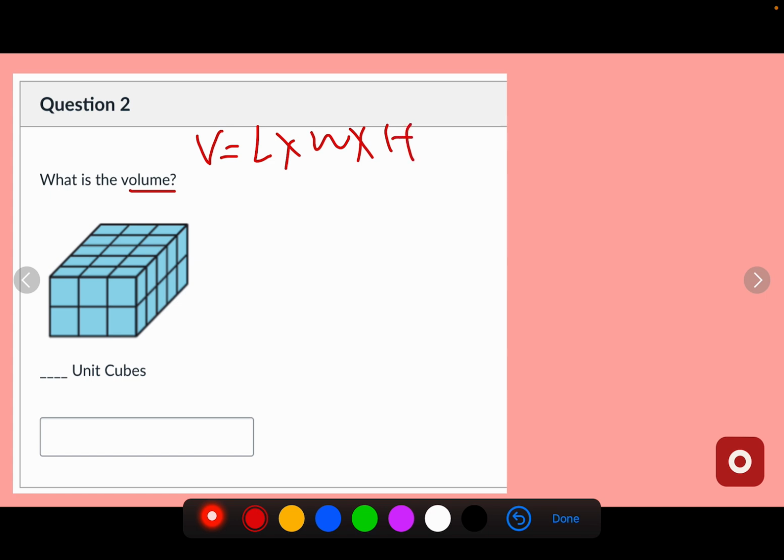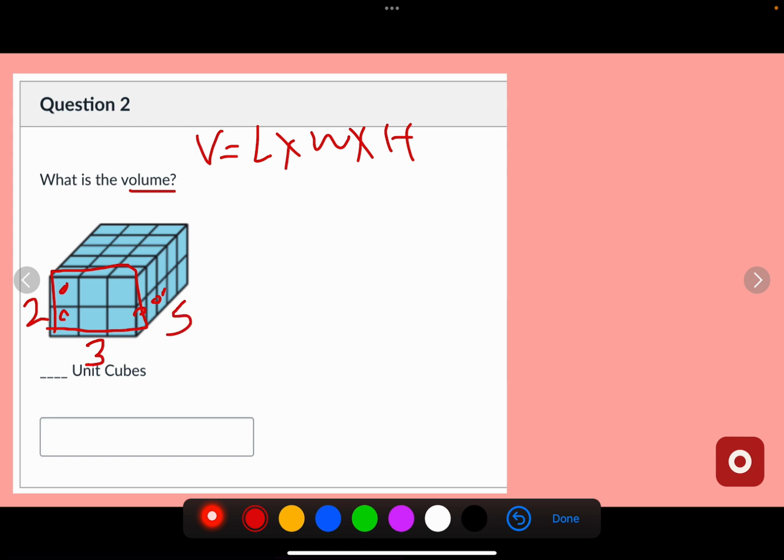So let's do it for this one. It gives us unit cubes, and each one counts as 1. So if we're looking at this front facing, it's going to say length is 1, 2, 3. Width is 1, 2. And if we're looking back, it's going to be 1, 2, 3, 4, 5.